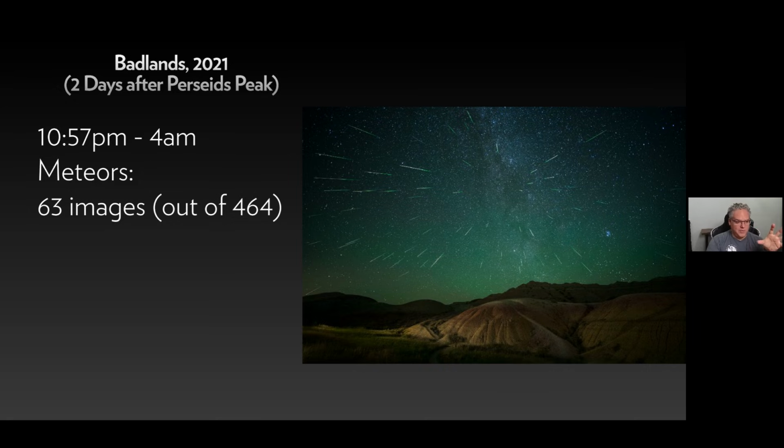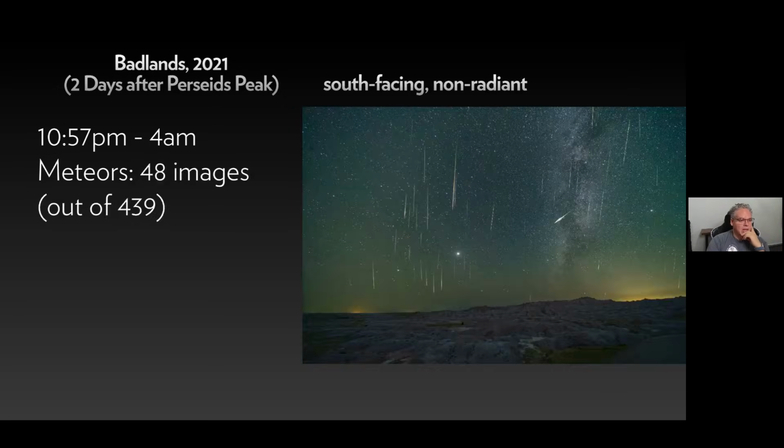There's a really good story behind it, but we had a lot of meteors between 11 p.m. and 4 a.m. So 63 of my images out of almost 500 had meteors in them. And this is the same scene, only facing south instead of north. So same time, and I had 48 images, and you'll notice that they're in a different direction. And we'll talk about that too. They're not coming from a central point, not a radiant, because the radiant is not in the scene.